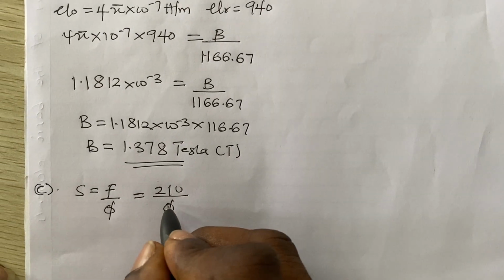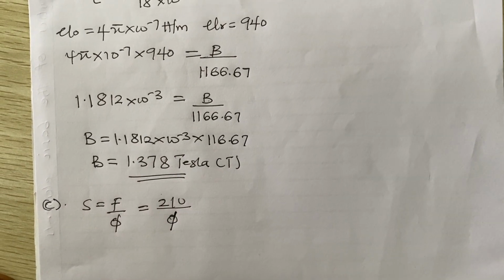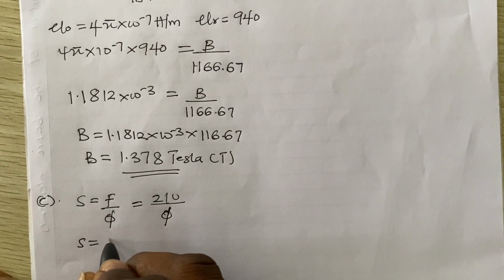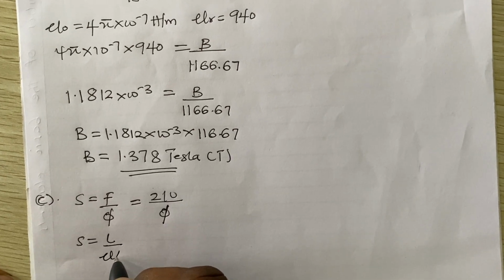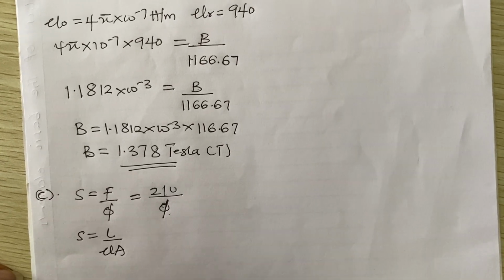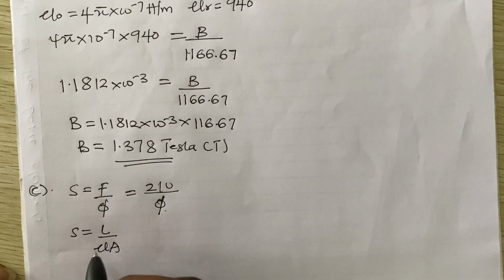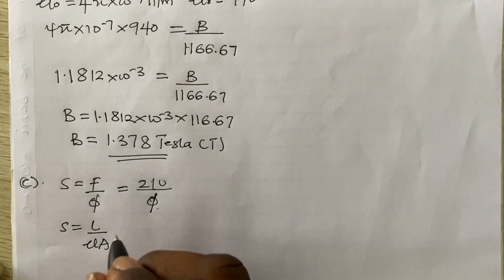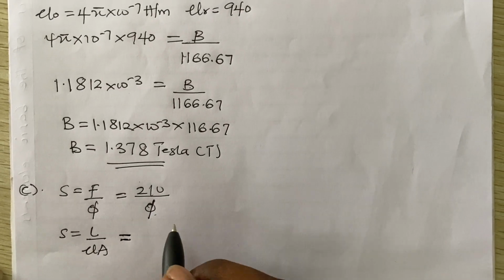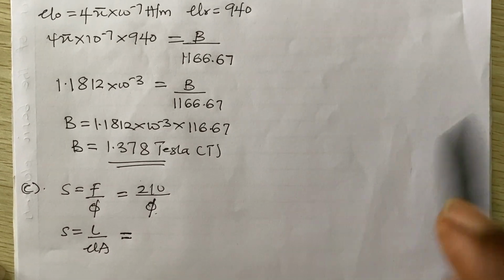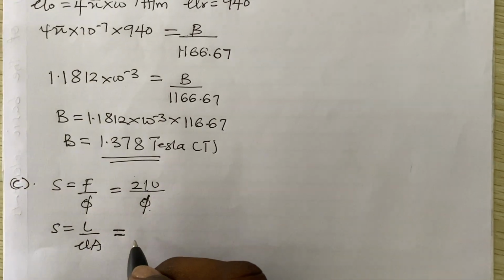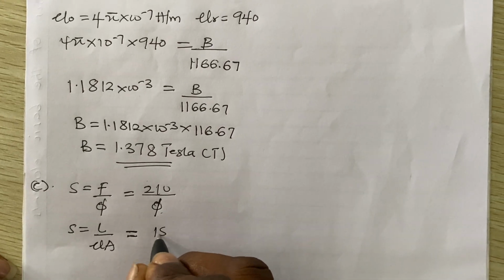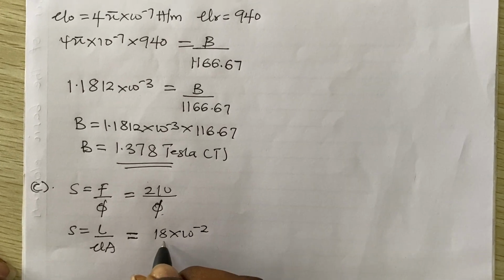All right, so I want to find flux, but I realize I can also use another formula to find the reluctance without necessarily needing to find flux. So if reluctance is equal to the length divided by the product of absolute permeability by area, we can use it straight ahead without finding anything else, because all these values have been given in the question, with length being 18 times 10 power minus 2.